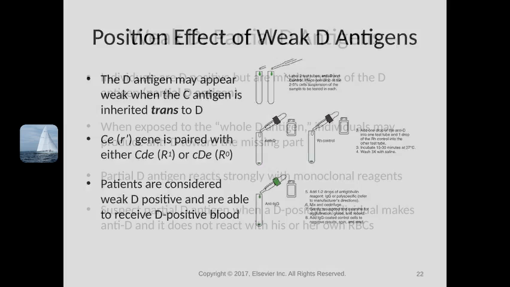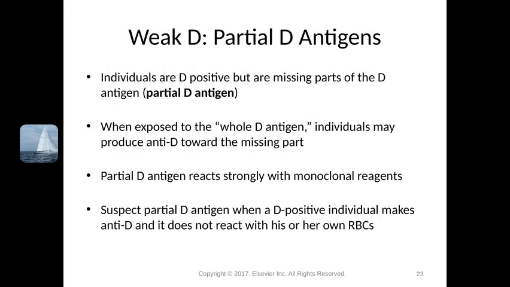So we can also see things that are called a partial D. So we're typing as D positive, but we don't have the D antigen in its entirety. So what ends up happening is we've got part of it, but we don't have the whole thing.